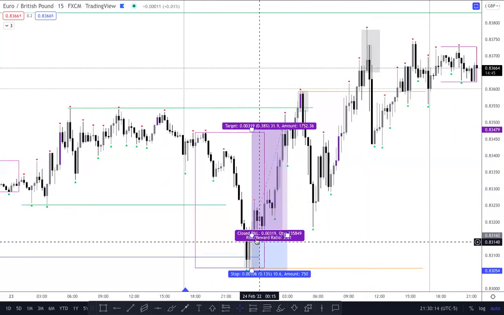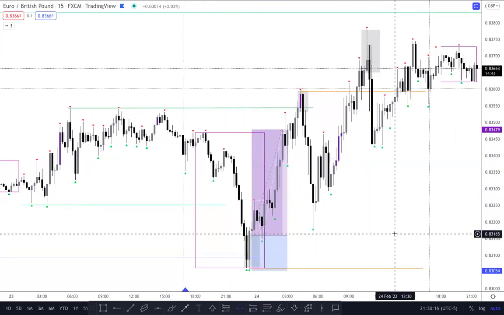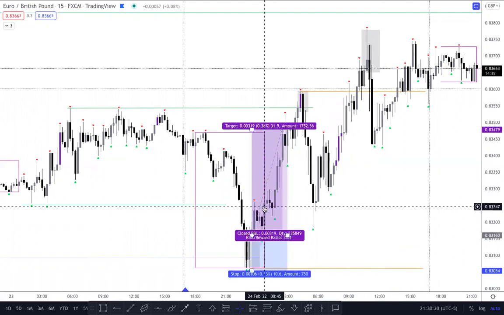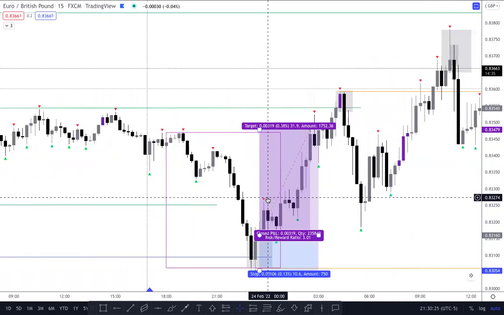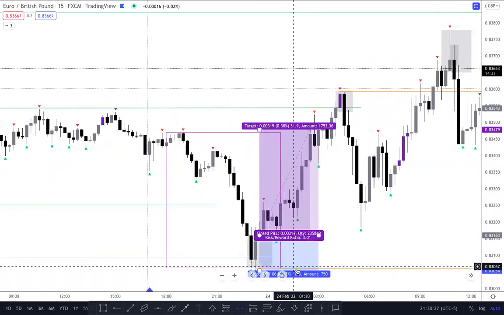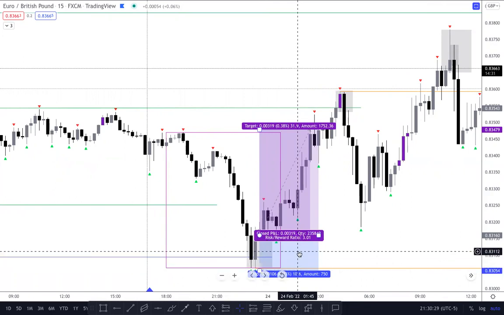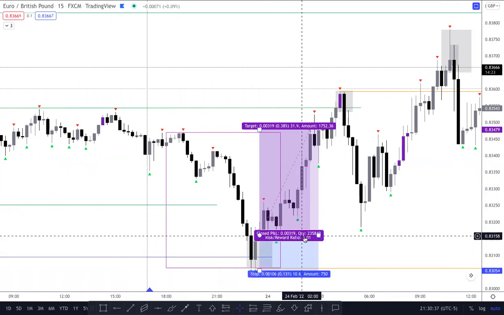So if we take a 15-minute OB, I really feel as if we should only go for 1 to 3s. Or if we want to get creative here, we can base it off of the stop loss, right? Perhaps if we have a stop loss that is less than 5 pips, we can go for a 1 to 5. If we have a stop loss that's over 5 pips, 1 to 3, right?